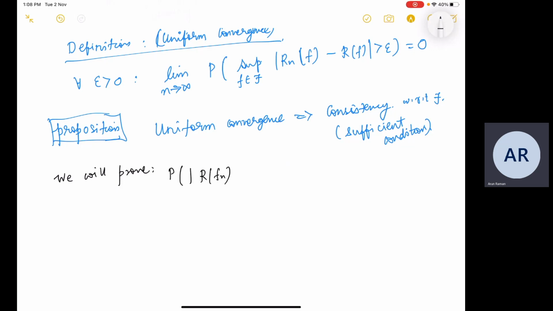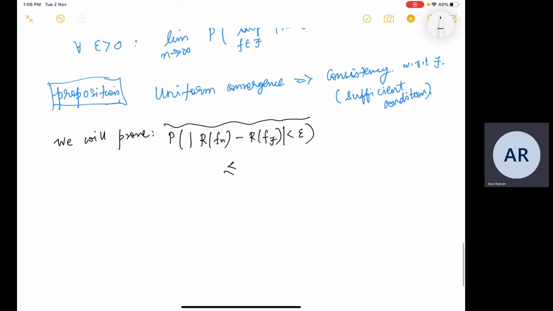What we will be proving is the definition of consistency, that the function should converge to the true function. Now we will prove that this is less than or equal to the probability of the condition of uniform convergence.